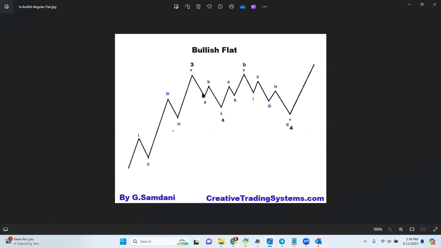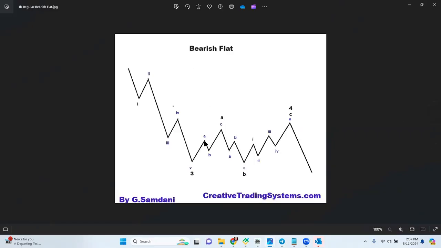Sometimes it turns out to be 5, 3, 5: 5 waves in A, then 3 waves in B, and 5 waves in C. Just the opposite of this is a bearish flat correction, right? With the big impulse move, a 5 wave move to the downside, and then the correction happens, right? A, B, and C with wave 4 around 38%. Sometimes it goes to 50% as well.